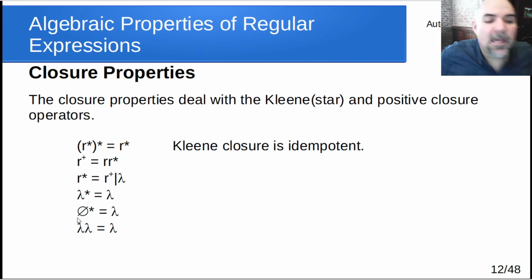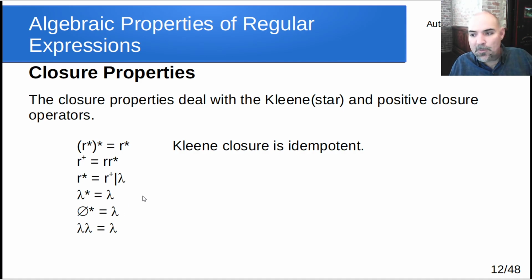But the reason that it's true is because anything to the 0 results in a string of length 0, and a string of length 0 is always going to be lambda. Then if we union that with this raised to the 1, that's just empty set. So we have lambda union with empty set, and then to the 2 is empty set concatenated with empty set, which is empty set. So we have the union of lambda with empty set, with empty set, with empty set on to infinity. That's going to leave behind only the lambda.